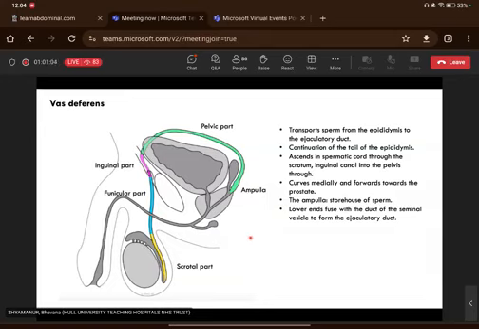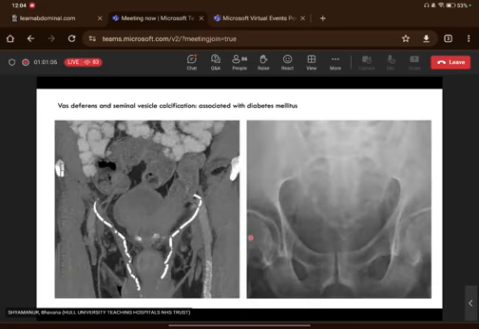We'll have a look at a bit of anatomy. It might be tricky to trace through its whole length. You can, but it might be tricky to point it out on a single axial slice. However, this is calcification of the vas deferens, which is most often associated with diabetes, so that shows the route quite well.